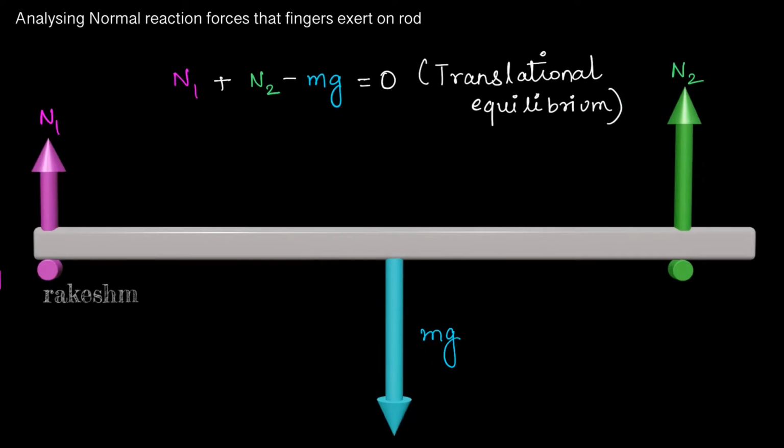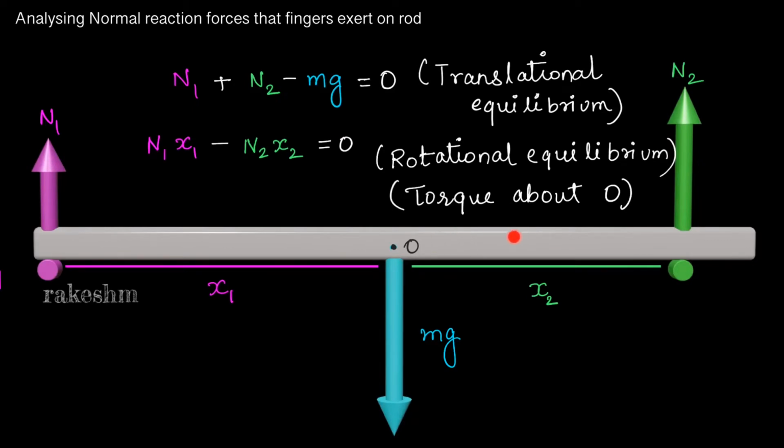As this rod is in translational equilibrium, we can write the net force on the rod as 0. So N1 plus N2 minus mg equals 0. This is the first equation.